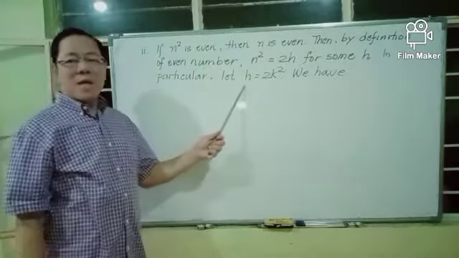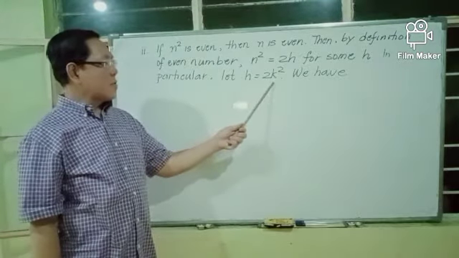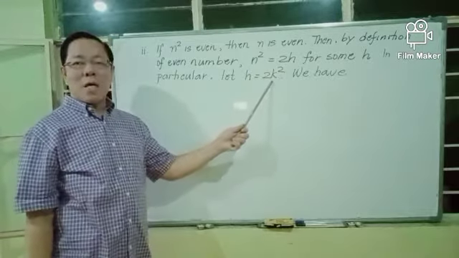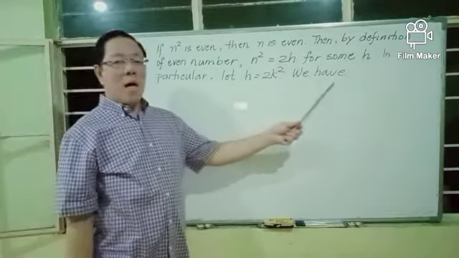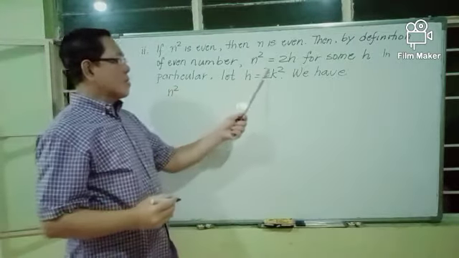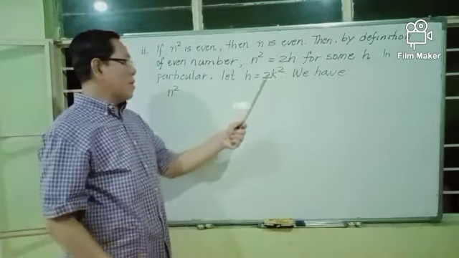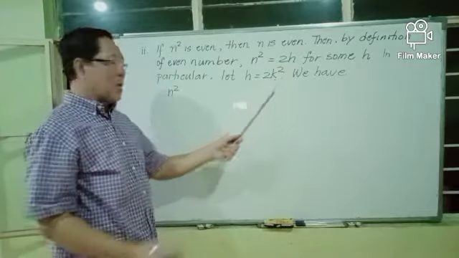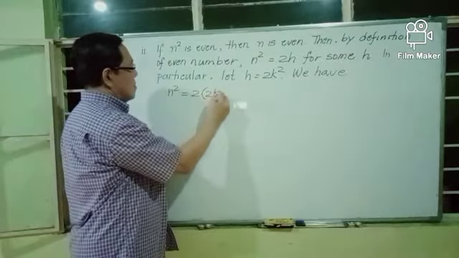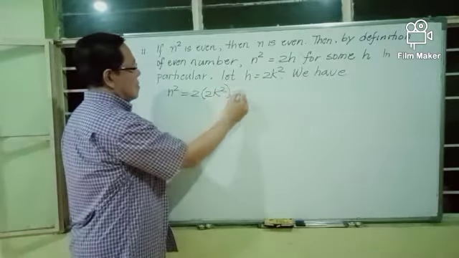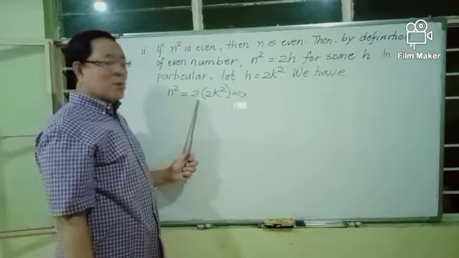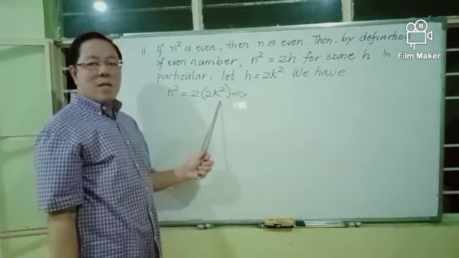In this equation, we replace h with 2k squared. We have n squared is equal to 2 multiplied by h, and h is 2k squared. This implies n squared is equal to 2 times 2, which is 4, multiplied by k squared.